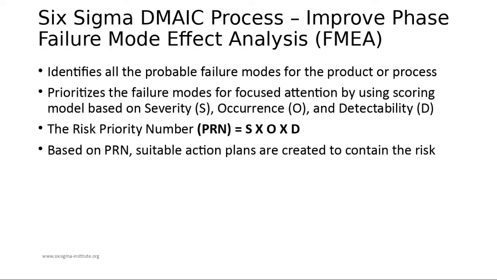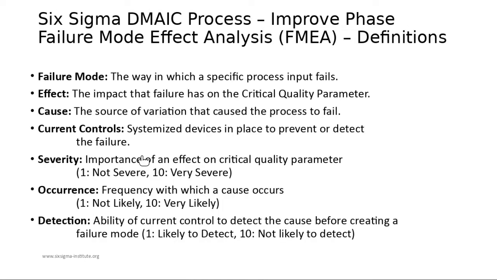To conduct the failure mode analysis, you calculate the risk priority number, the RPN, which is equal to S times O times D, where S stands for severity, O stands for occurrence, and D stands for detection.